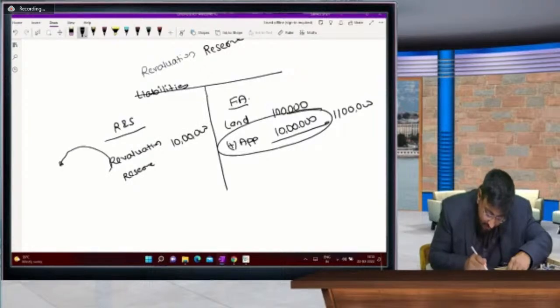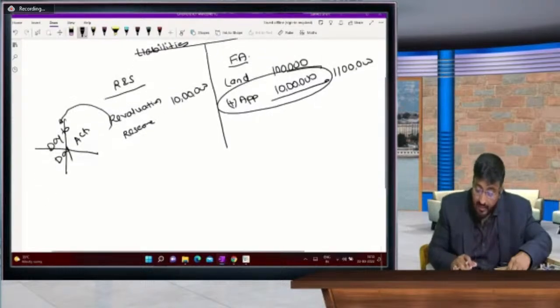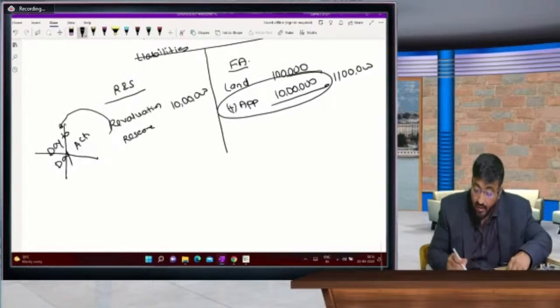whether this reserve is created out of day-to-day activity. No. This reserve is due to increase or decrease in our balance sheet figures, assets and liabilities.